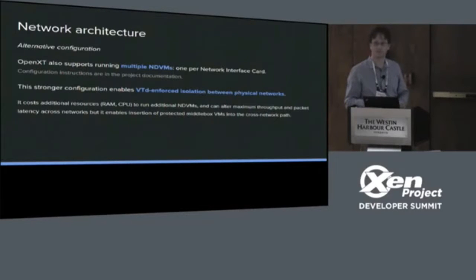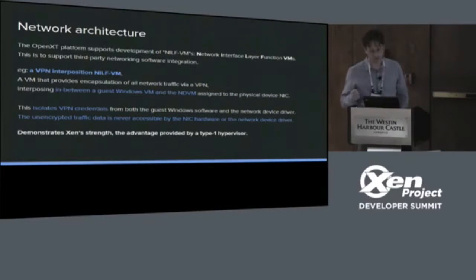You'll take a performance hit because you're now going cross domains if you're doing traffic between the NICs. And you need additional resources, RAM and CPU, in order to run your NDVMs. But if that's a concern for you, it's a configuration that you can make work.